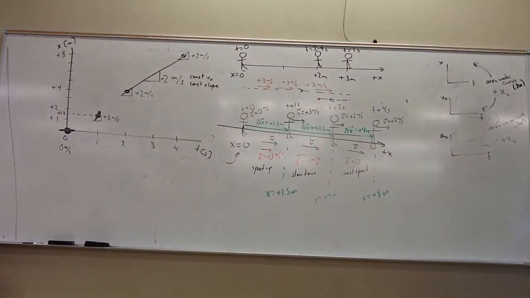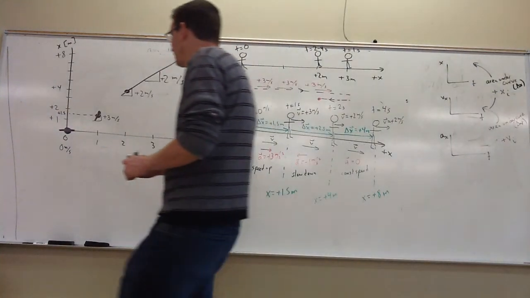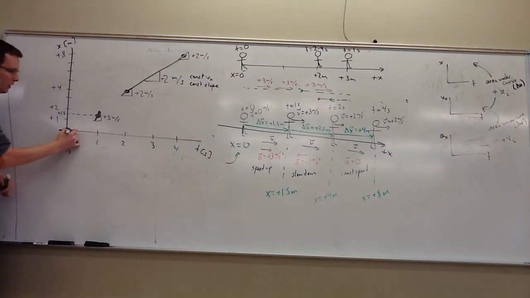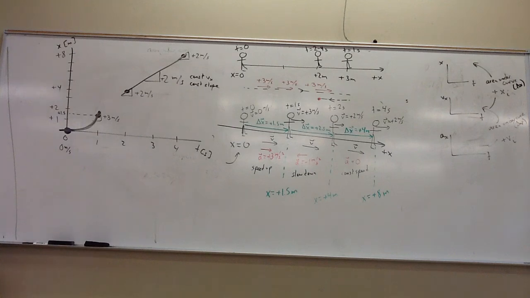But here's where the curve comes in, right? Because if your velocity is changing, then you do not cover position evenly with time. If your velocity is changing, then the slope here is changing. Well, I have a nice little road map of that. My slope will increase like this. It'll curve. So I don't cover my position evenly with time.